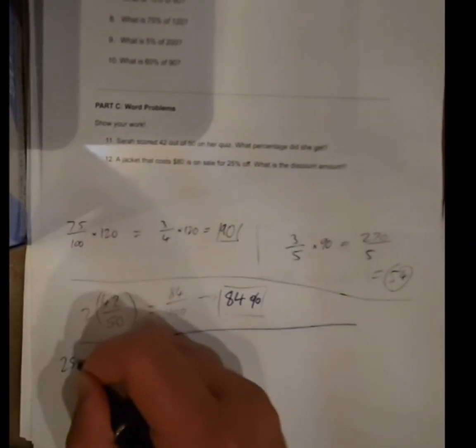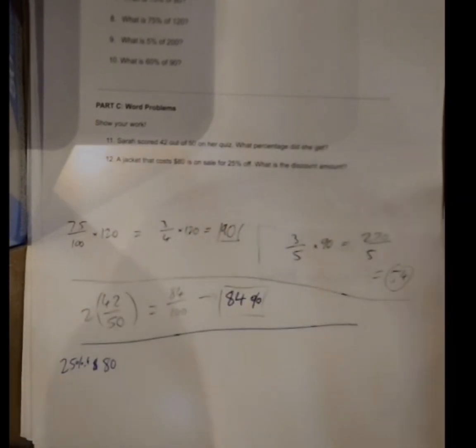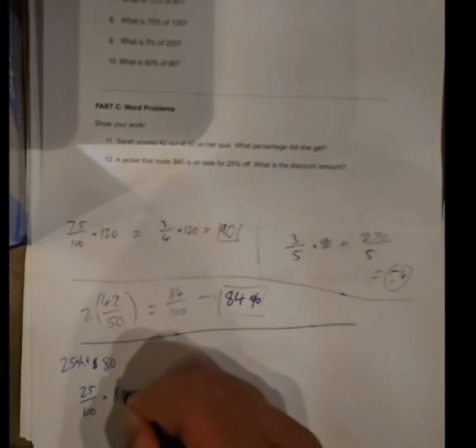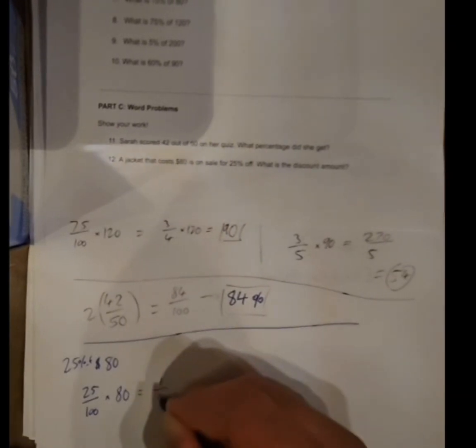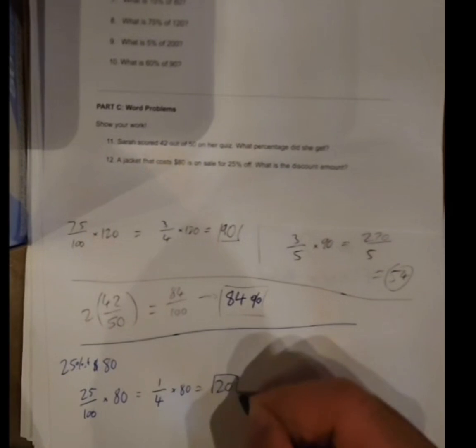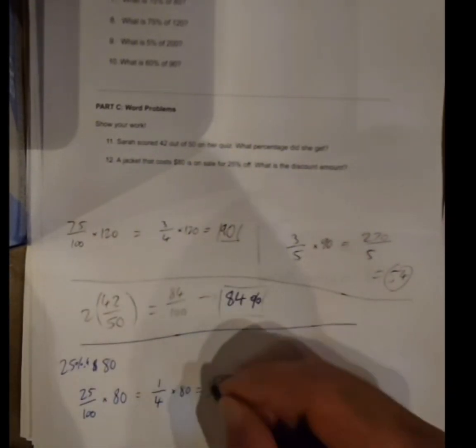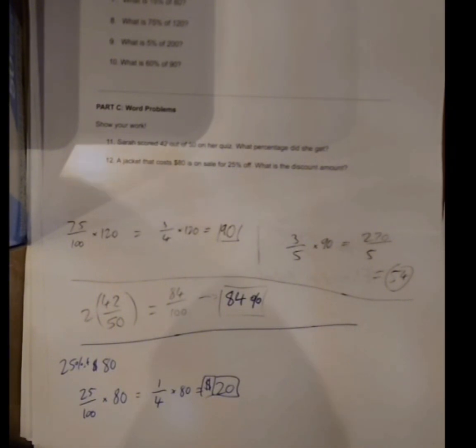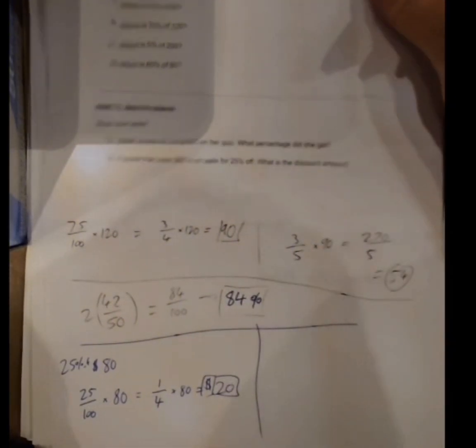I.e., what is 25% of 80? 25% of 80. And we already know how to do this. 25 over 100 times 80, which is just 1/4 times 80, which is 20. $20 actually. $20, because like 20 what? 20 feet, 20 inches? No, it's $20. It's money.